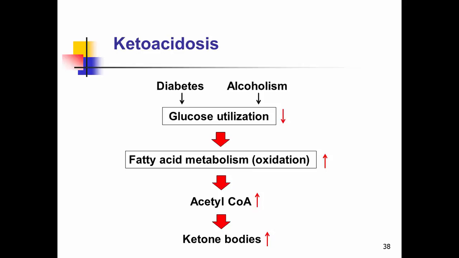First, fatty acid levels increase in diabetic patients and in alcoholics, and then acetyl-CoA levels are also increased, because you generate a lot of acetyl-CoA from fatty acid oxidation. So all this will stimulate ketogenesis. This is the metabolic pathway by which ketoacidosis occurs in diabetic conditions or alcoholism.